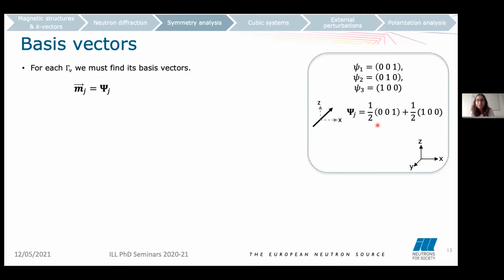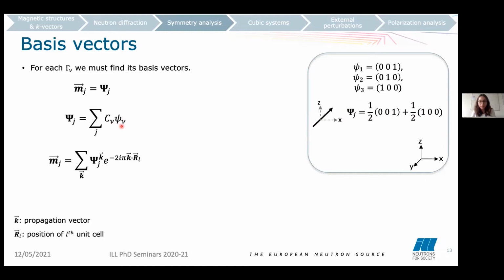And a half is the coefficient that helps us define the direction or the angle with respect to the crystallographic axis. So from this, we can see that the moment projection is actually a sum of multiple basis vectors multiplied by some mixing coefficient. And again, we can further expand our moment distribution to describe the whole magnetic structure.